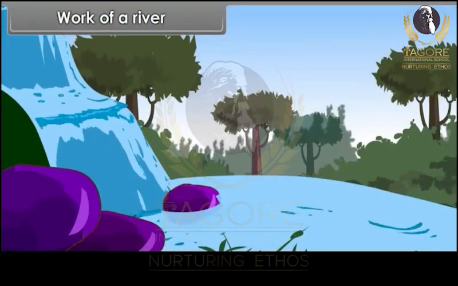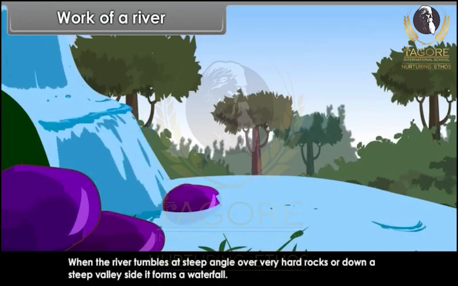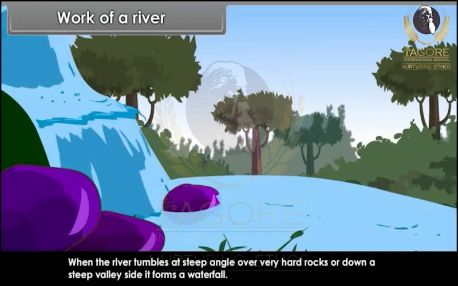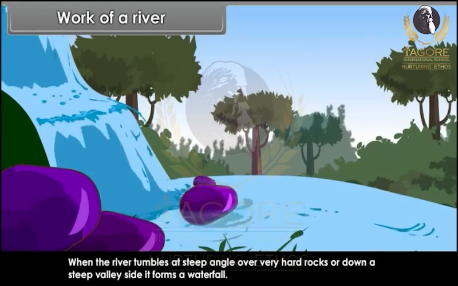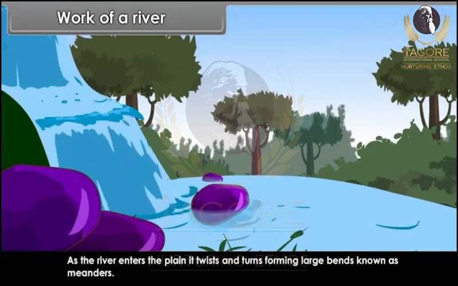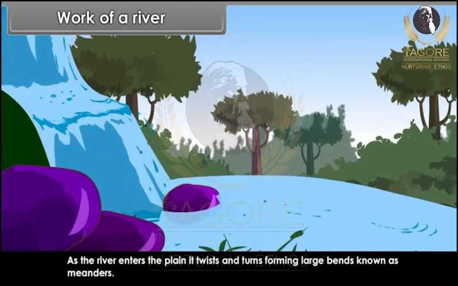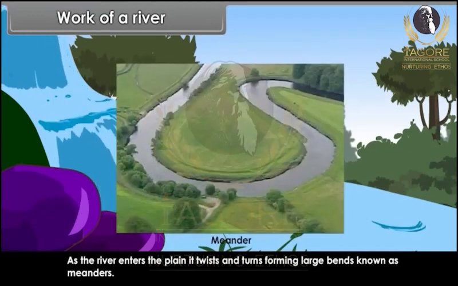Work of a river. The running water in the river erodes the landscape. When the river tumbles at a steep angle over very hard rocks or down a steep valley side, it forms a waterfall. As the river enters the plain, it twists and turns, forming large bends known as meanders.